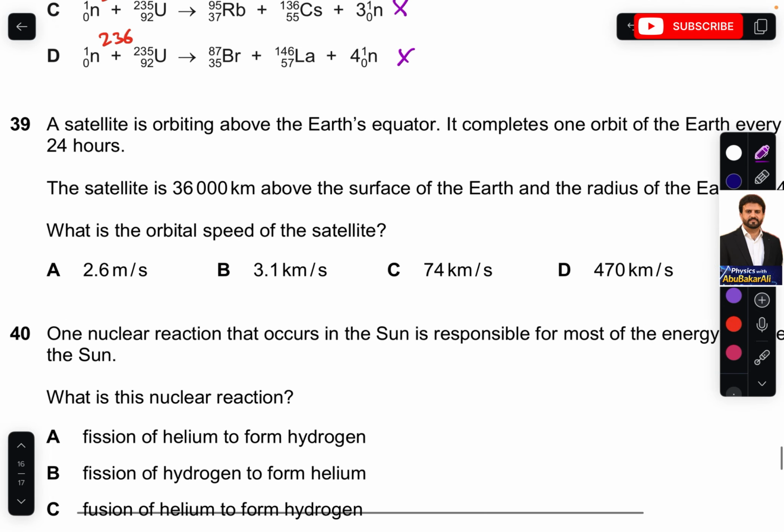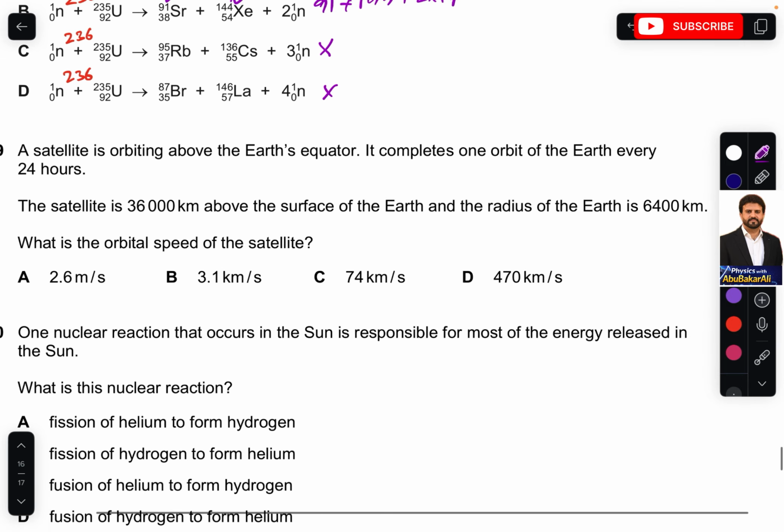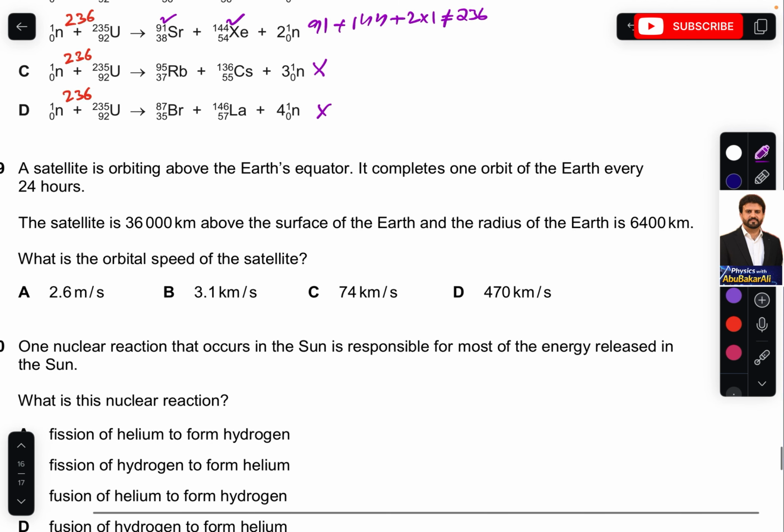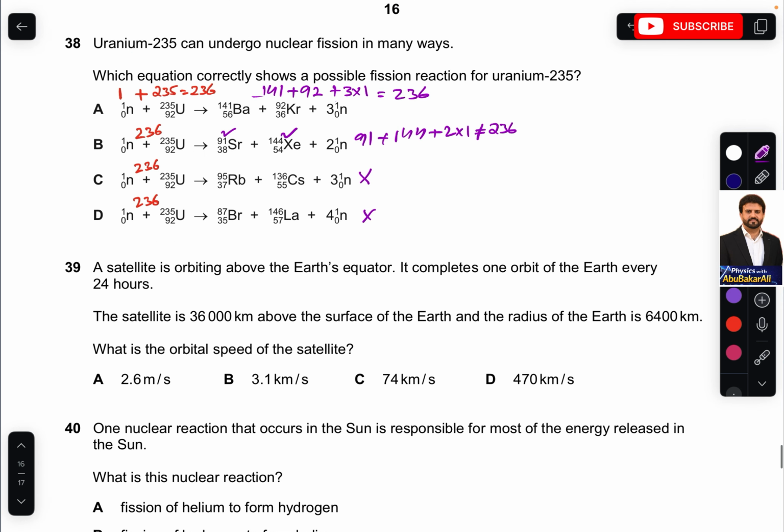Question 39, sorry. Okay, the satellite is orbiting above the Earth's equator. It completes one orbit of the Earth every 24 hours. The satellite is 36,000 km above the surface of the Earth and the radius of the Earth is 6,400 km. What is the orbital speed of the satellite? Okay, so let's try to picture this.